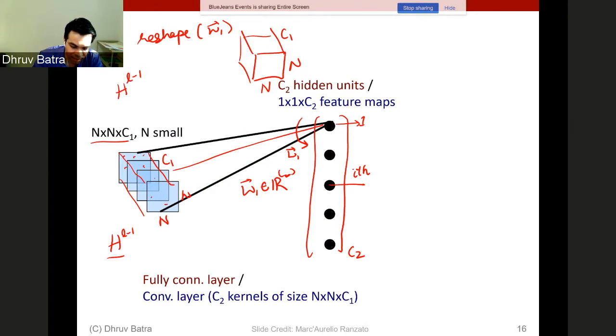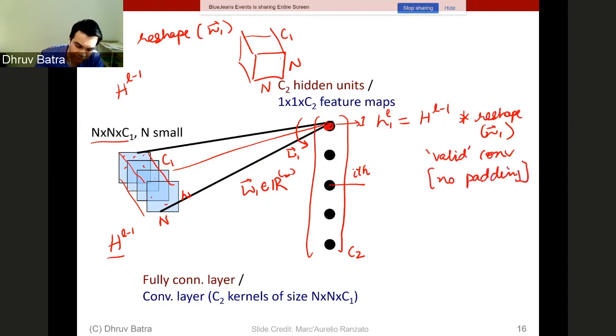And I can say that this particular scalar, this HL1 entry, is simply HL minus 1 convolved with the reshape of W1. And this is a valid convolution setting that we're doing with no padding.